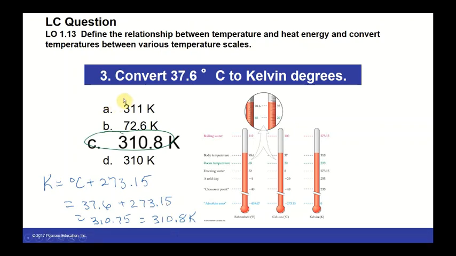You know, we should actually round this to 3 significant figures because we have 37.6. So in actuality, this answer should be given as 311 kelvins. I will fix this in the PowerPoint that I post on Blackboard.